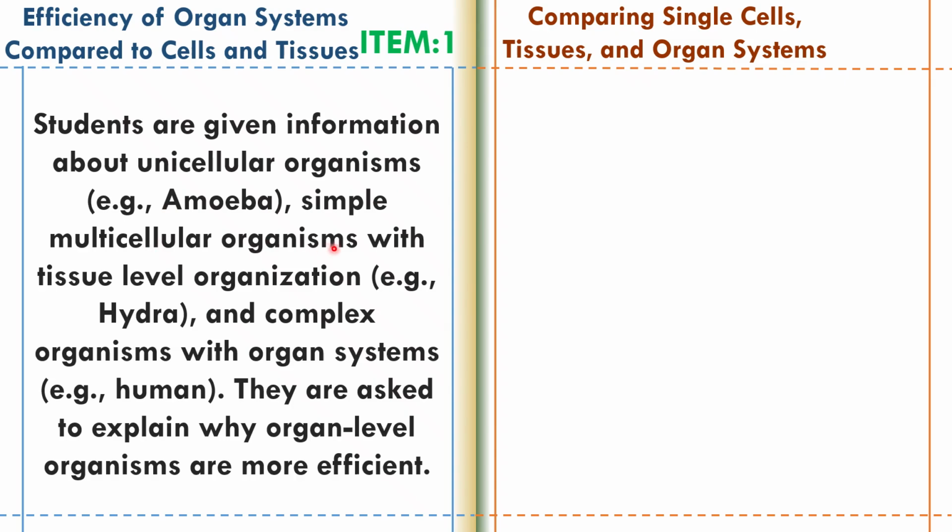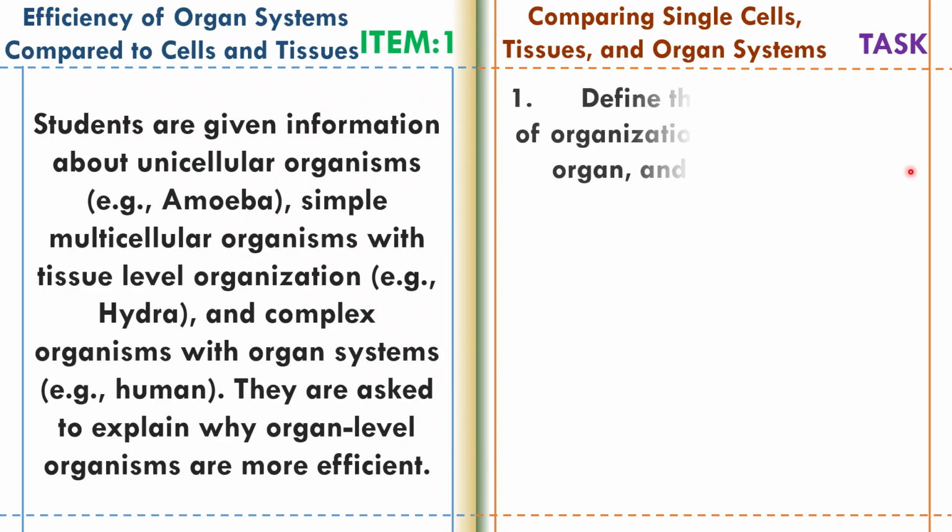Simple multicellular organisms with tissue level organization, an example, hydra. And complex organisms with organ systems, example, human. They are asked to explain why organ level organisms are more efficient.